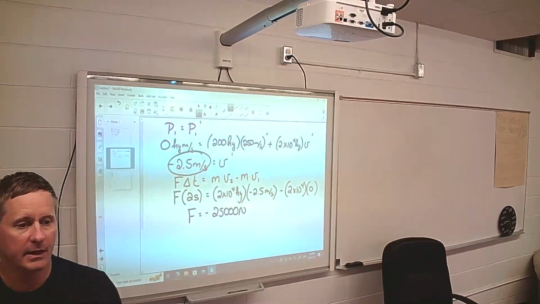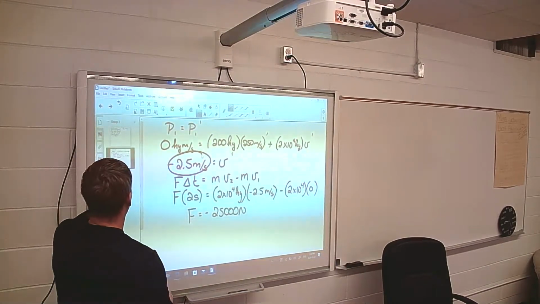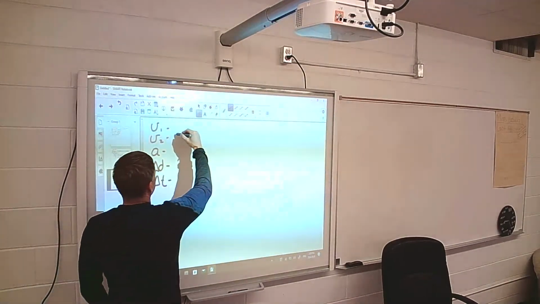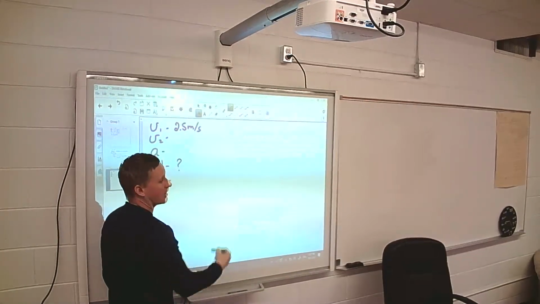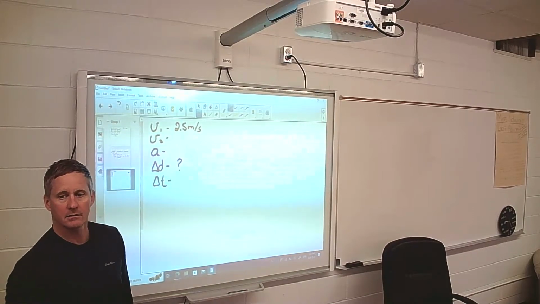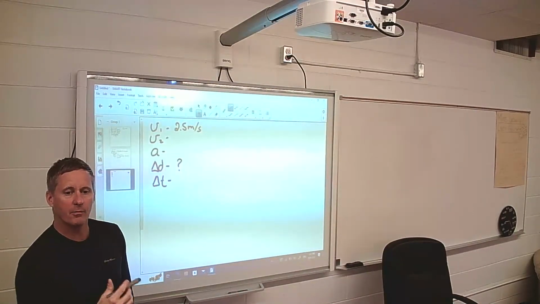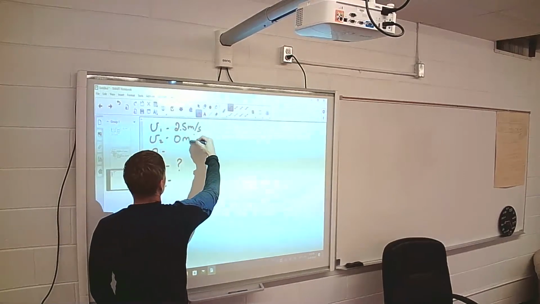It's 2.5 meters per second. Now, I don't need the direction aspect of this right yet. Okay? So this is 2.5 meters per second. That's how fast it starts at. And then what happens to it? It stops. So therefore my V2 is what? 0. Okay, so far so good.